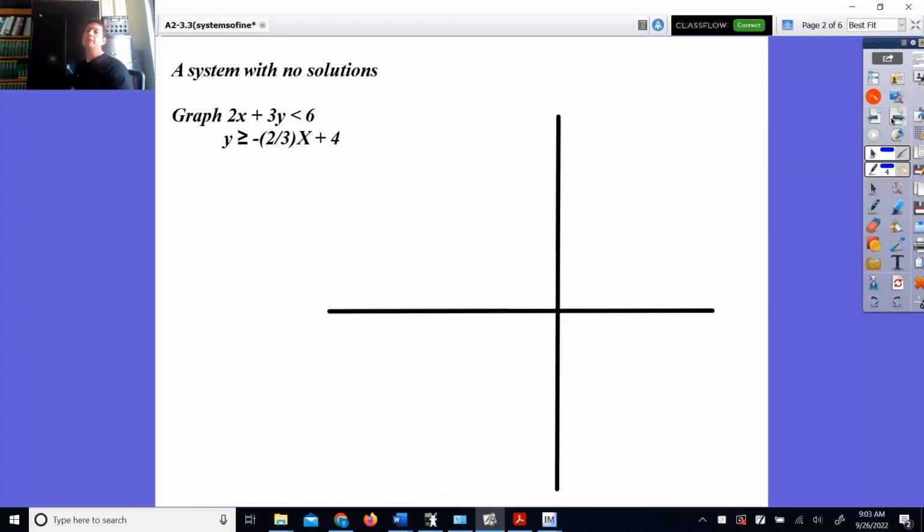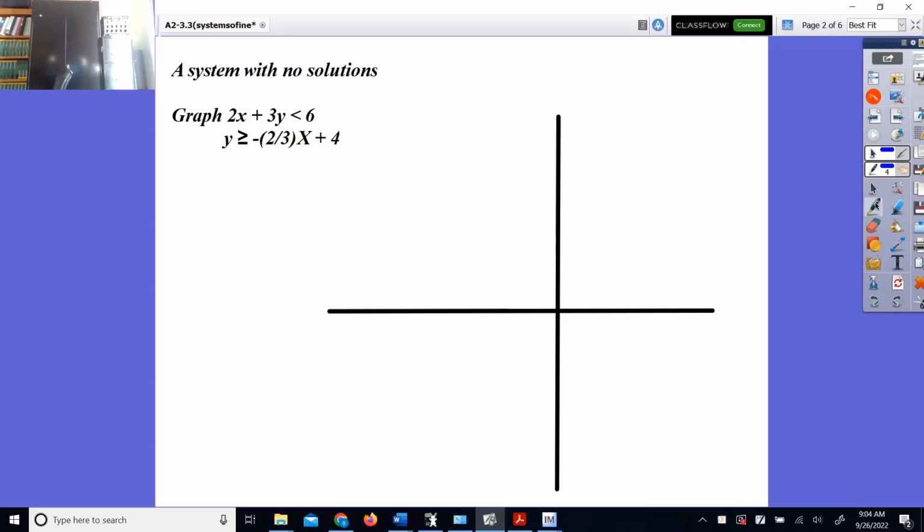Here's a system with no solution, supposedly. 2x plus 3y less than 6. What do you want to do with it? Y equals mx plus b. That was something I noticed. I think it was the second question on that graphing quiz I gave. You had something in standard form.